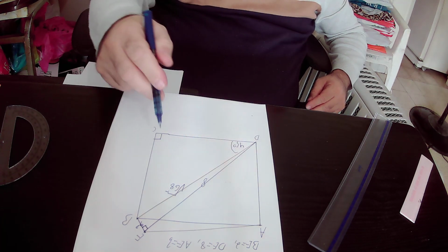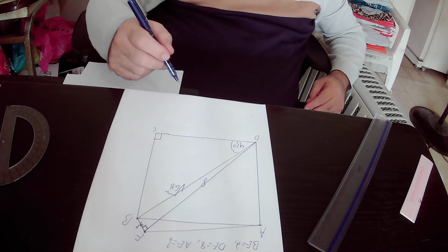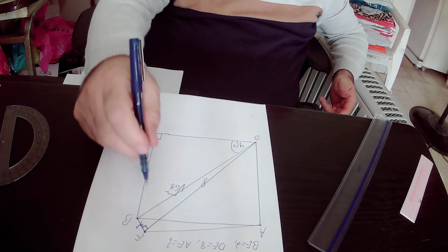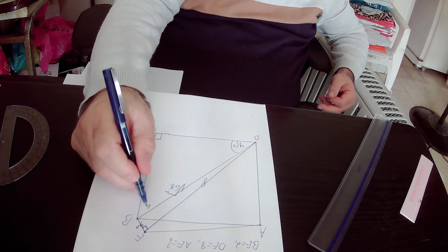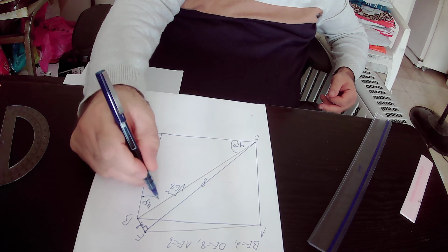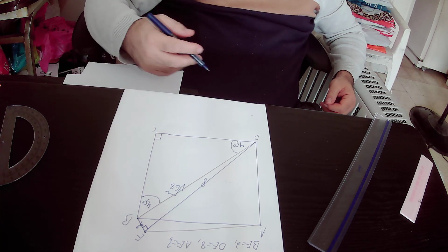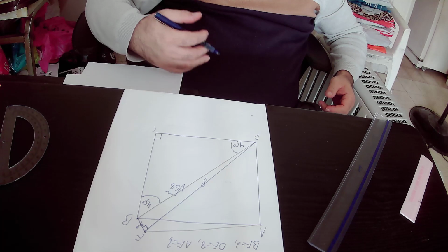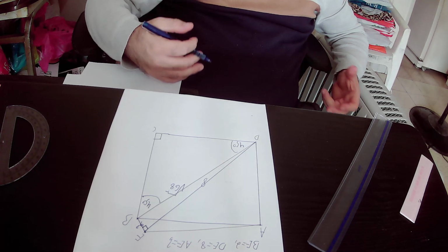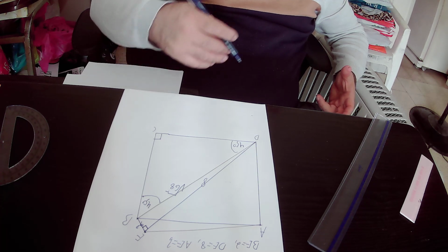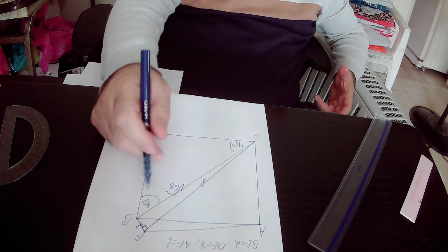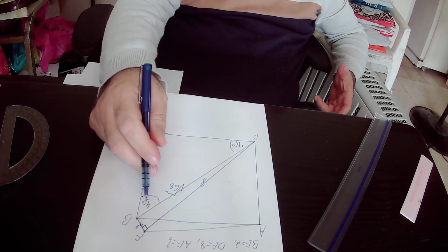Angle BDC will be equal to 45 degrees, and also angle DBC will be equal to 45 degrees because the diagonal DB crosses the right angles of a square into two equal parts. That is to say, this angle will be equal to 45 degrees, and this angle will also be equal to 45 degrees.